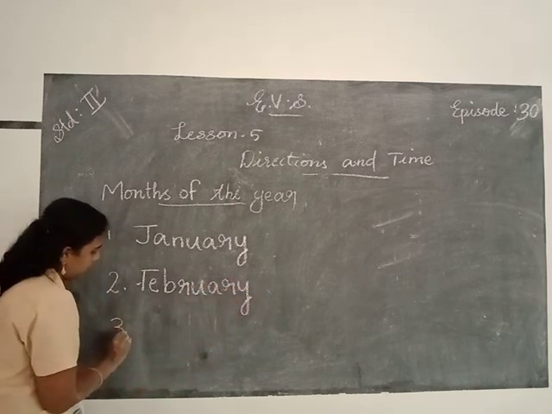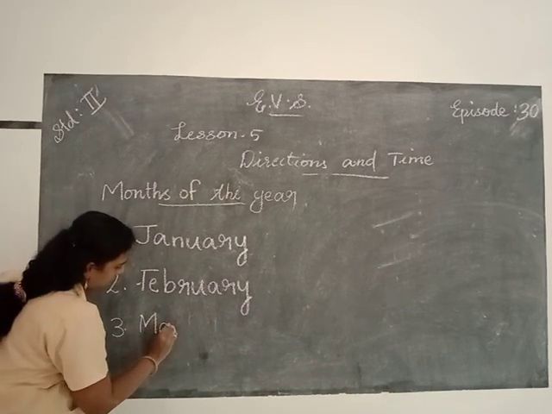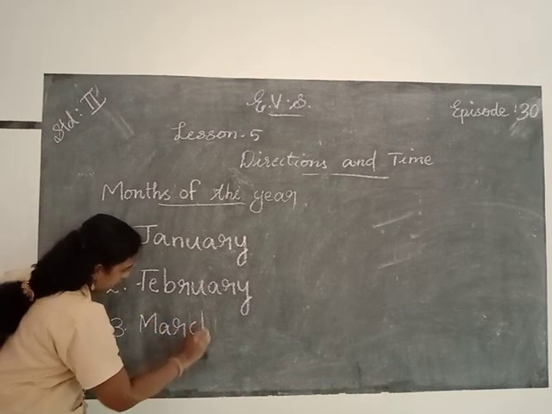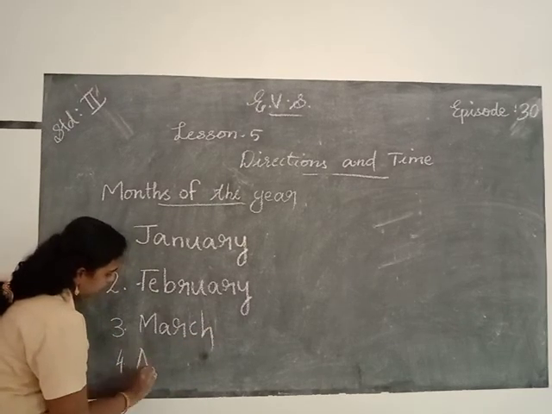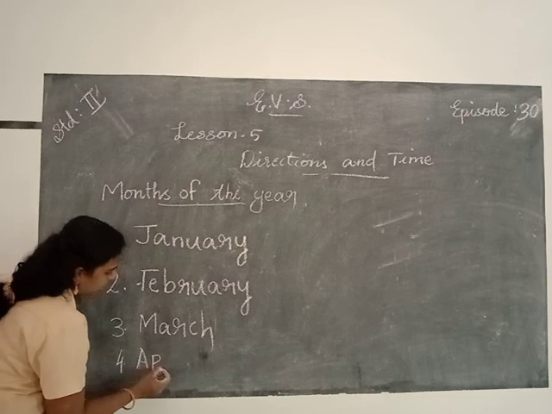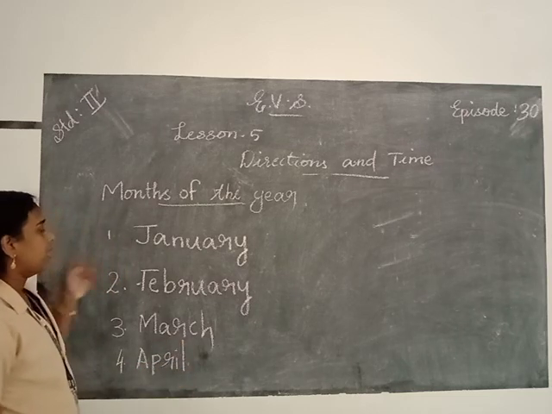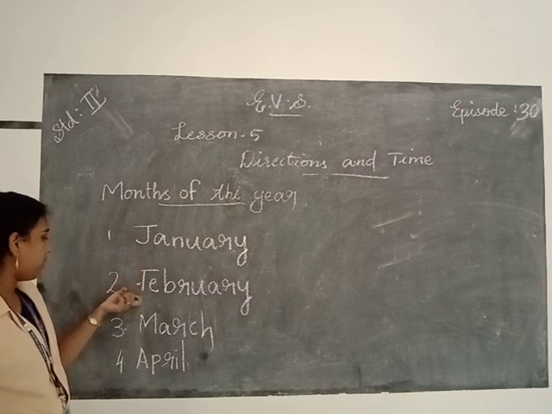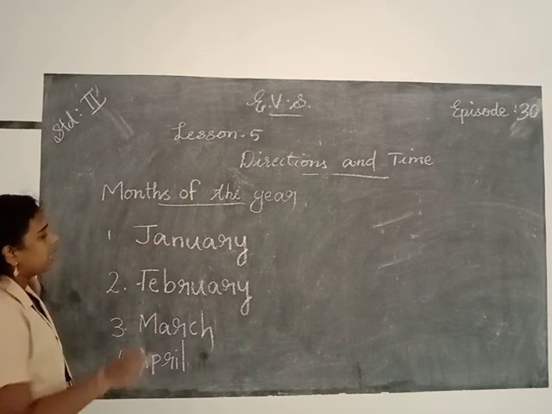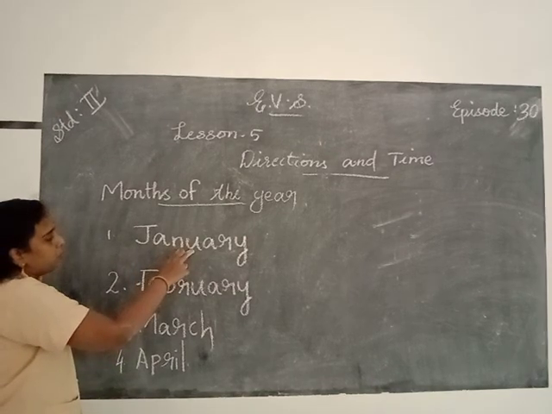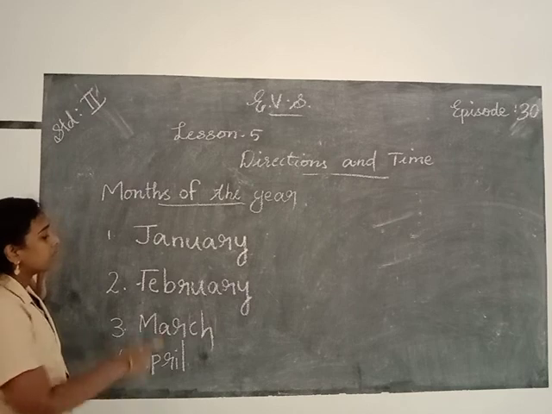February. Then March. M A R C H. March. Then fourth one April. A P R I L. April. January, February, March, April. J A N U A R Y. January.